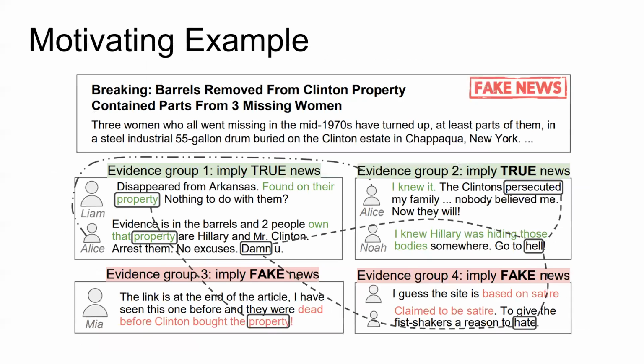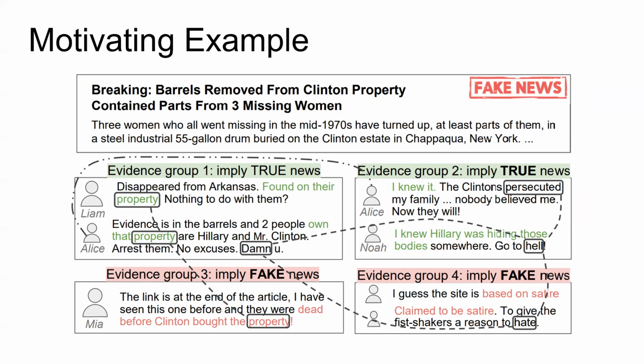So this is a motivating example: Barrow's remove from Clinton probability contains body parts from 3 missing women in the 1970s. If we have a glimpse of all the evidence or user discussions involved in this news, we can see that these discussions can be grouped under different topics.